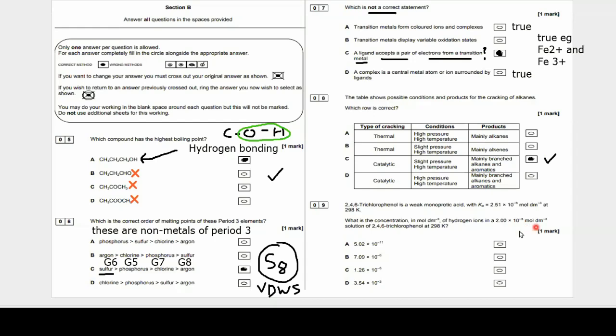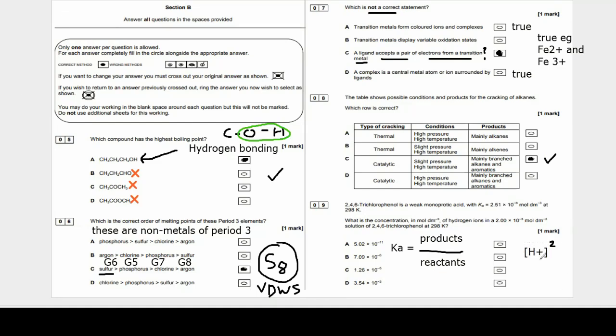2,4,6-trichlorophenol, a weak monoprotic acid with a Ka of 2.51 times 10 to the minus 3, at 298 K. And we've also got the concentration of hydrogen ions. Well, you need to rearrange the equation for Ka, which is products over reactants equals the Ka. Now, when we simplify this, this would be H+ times A-.